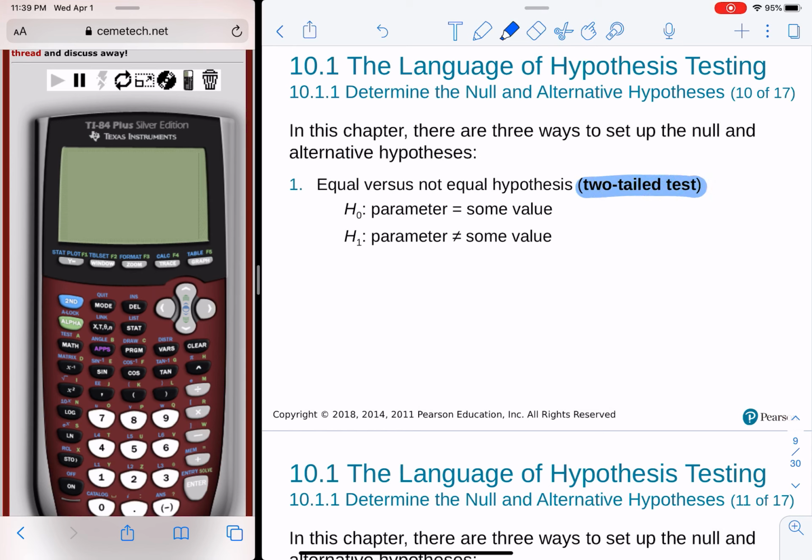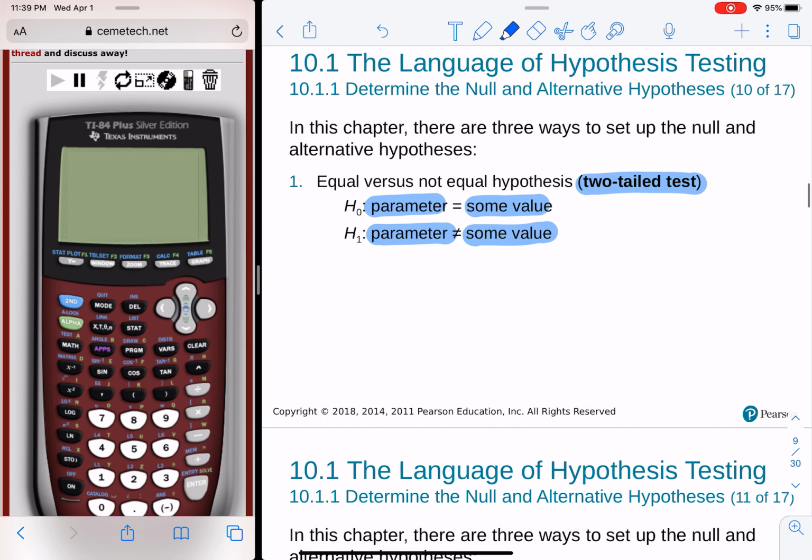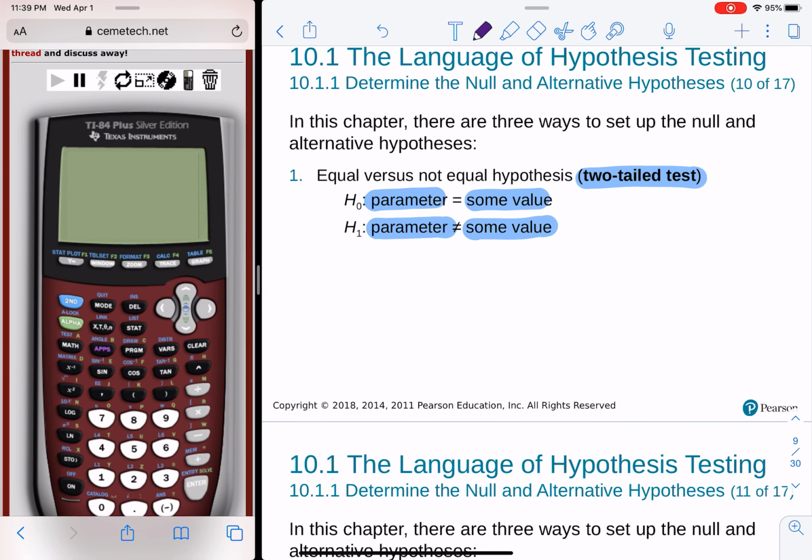A two-tailed test is when the null says a parameter is equal to some value versus the parameter not equal to some value. So what do I mean by that? The first parameter that we can consider is the population proportion.